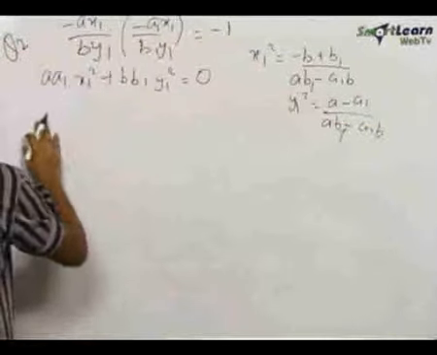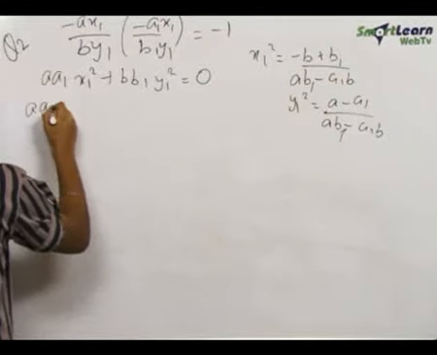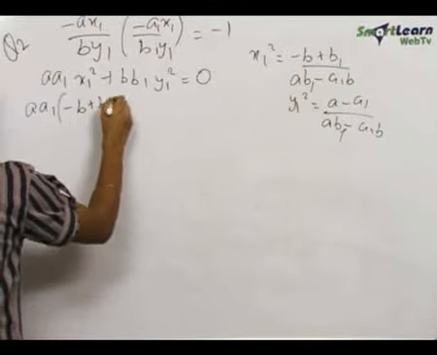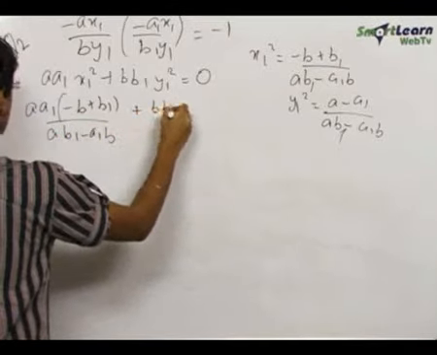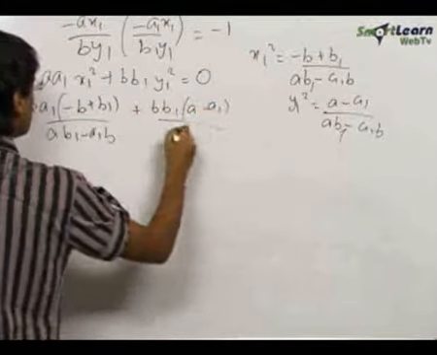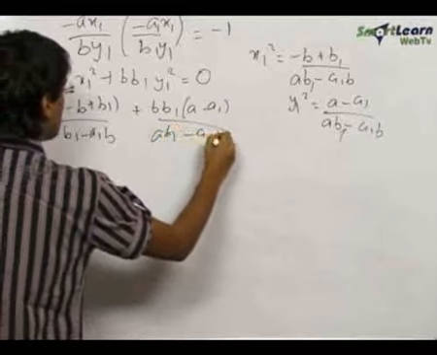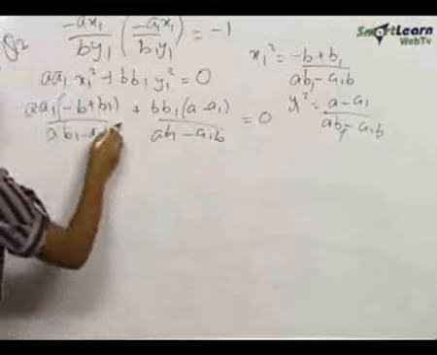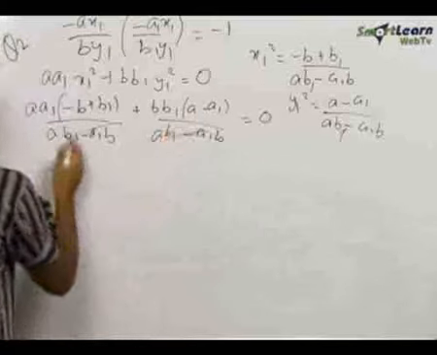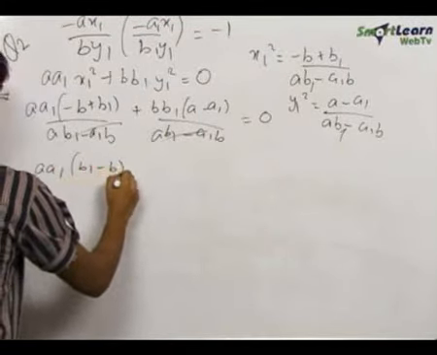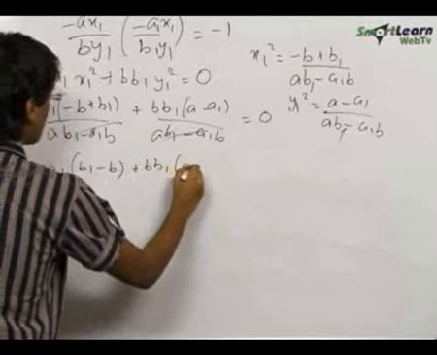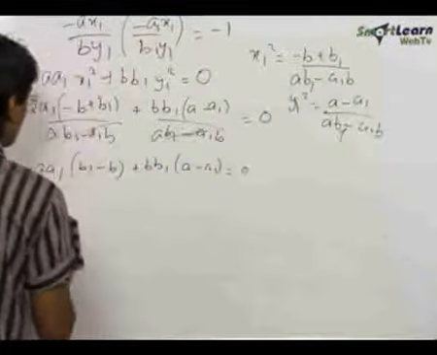Putting the values of x1² and y1² over here, we get a1 into (b1 - b) upon (ab1 - a1b) plus b1 into (a - a1) upon (ab1 - a1b) equals 0. This factor gets cancelled and we get the relation between a, a1, b and b1.